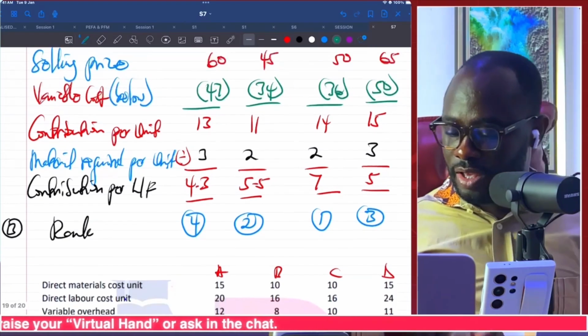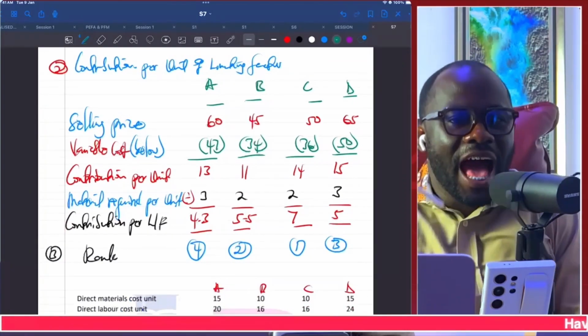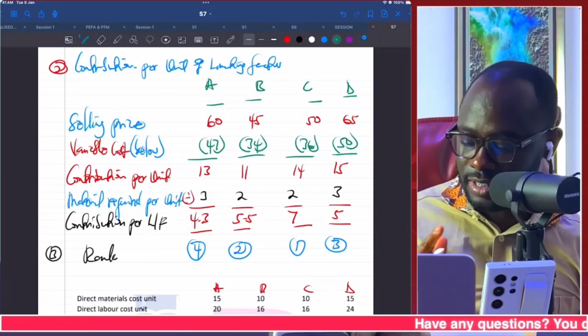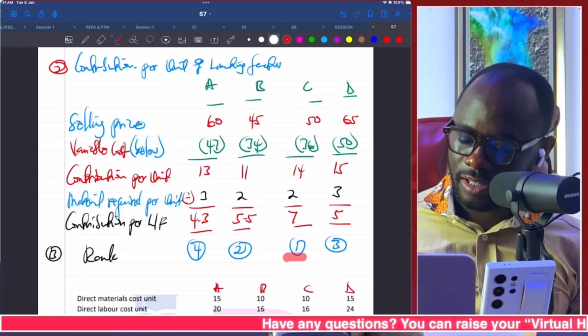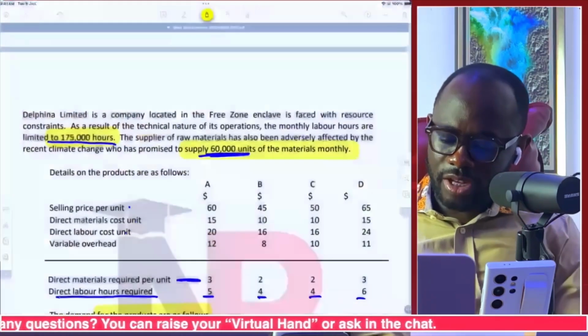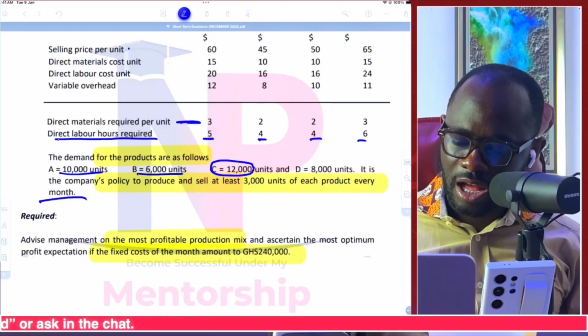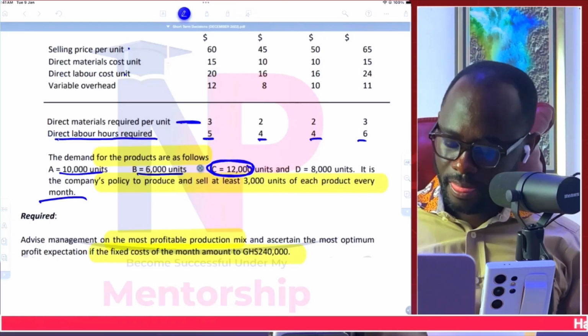So, per our ranking, the product with the highest contribution per limiting factor is product C, because it gave us 7. Now, how many units of C are we making? We are making 12,000 units of C.